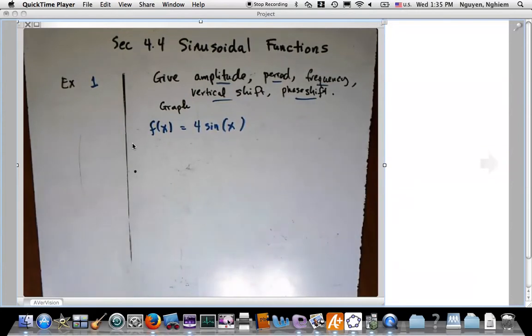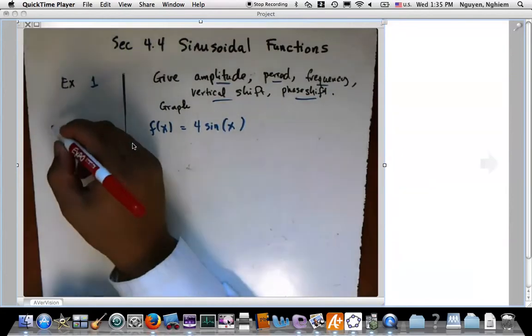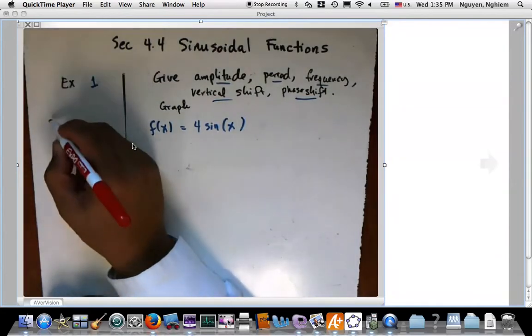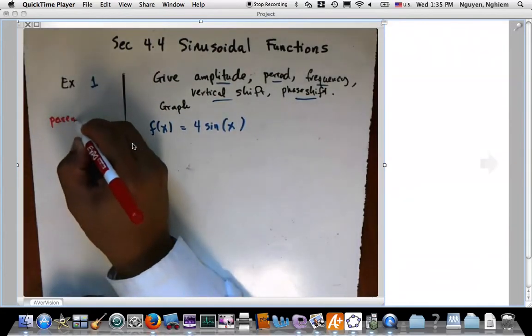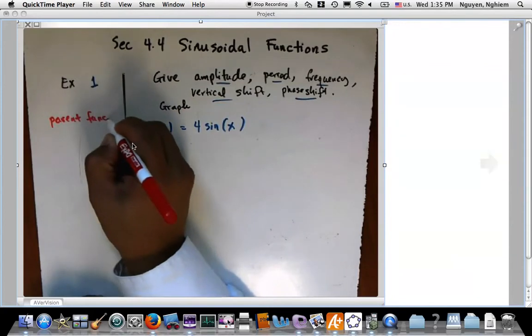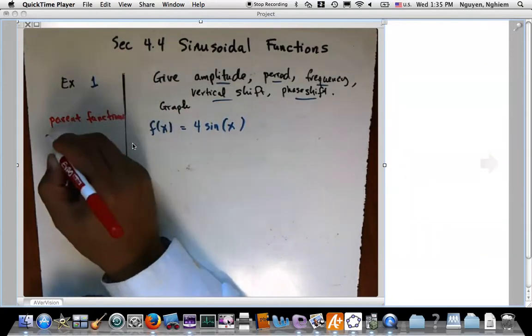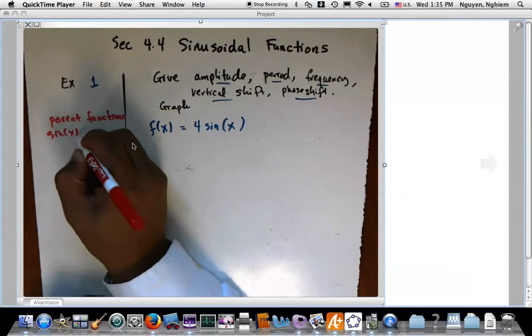But before we get things going, I just want to remind everybody about the original values here, or the parent functions, that's sine and cosine.